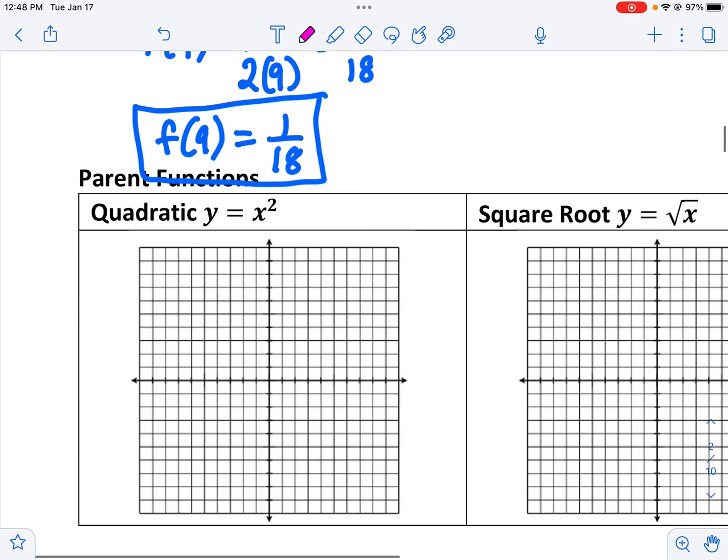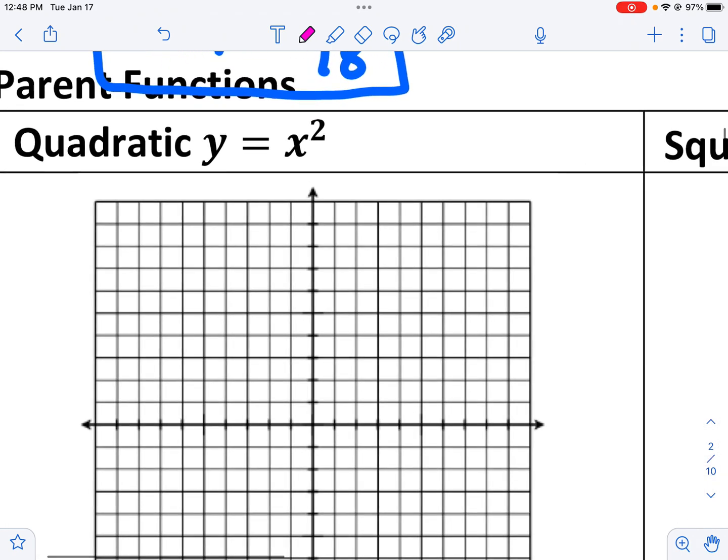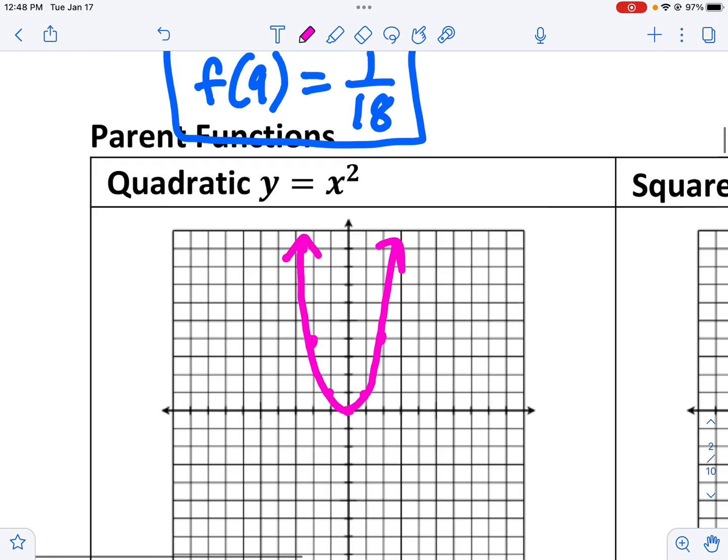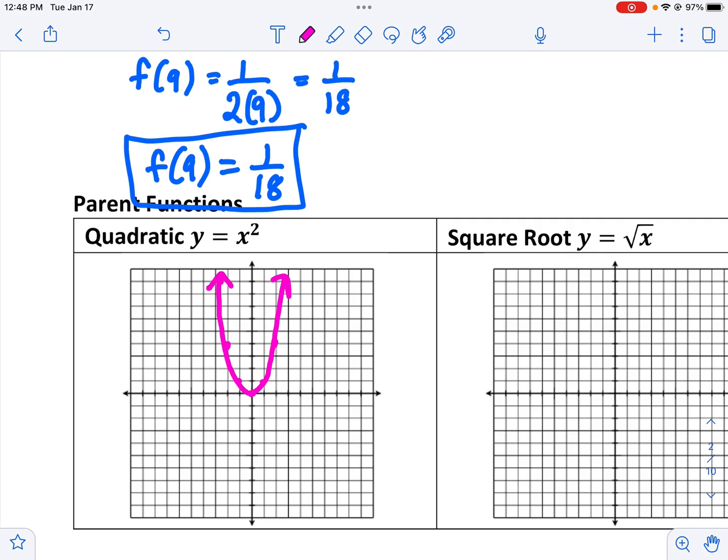We also took a look at some parent functions. We have y equals x squared. If I sketch that graph, it looks something like this. So this is our U-shaped graph. The vertex is at 0, 0. So that's called a quadratic, where x squared is the highest power.